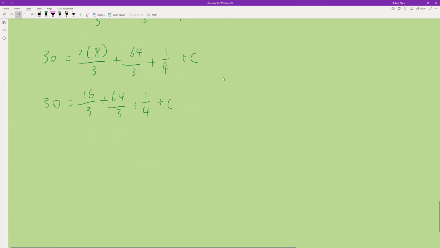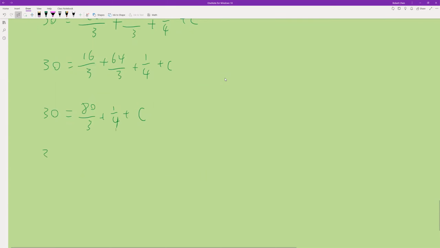That's 30 equals 80 over 3 plus 1/4 plus c. Now let's add the 80 over 3 and 1/4 together. That's 12 as the common denominator, so 320 plus 3 over 12. So I have 30 is equal to 323 over 12 plus c.